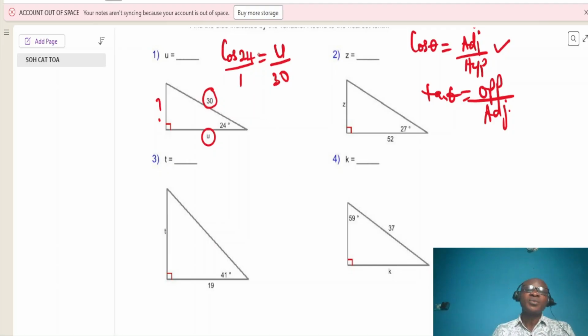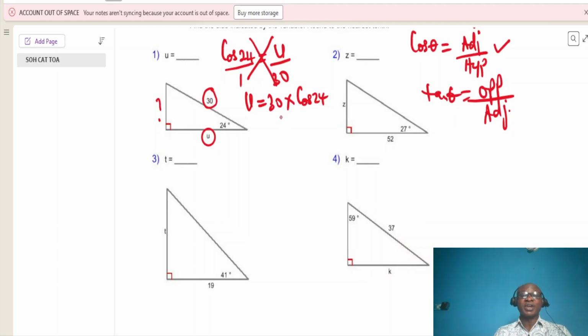Therefore, I will take a cross multiplication here. You multiply 1 and that will give me u, and then 30 will multiply cos 24. You can see this step, I put it down before I go into finding cos 24. Now, with my calculator, I believe you have yours, I can find cos 24.